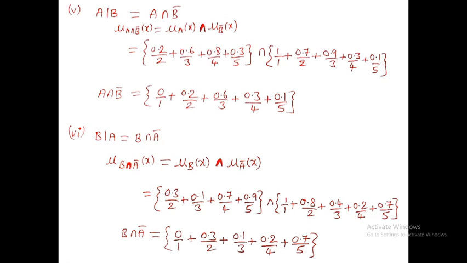Intersection means you have to take the least values at the respective points. The least values at points 1, 2, 3, 4, 5 are represented with 0, 0.2, 0.1, 0.3, 0.7 as the resultant B intersection A bar. You get it just by doing the intersection operation between B and A bar, which is nothing but the least values at the respective points.